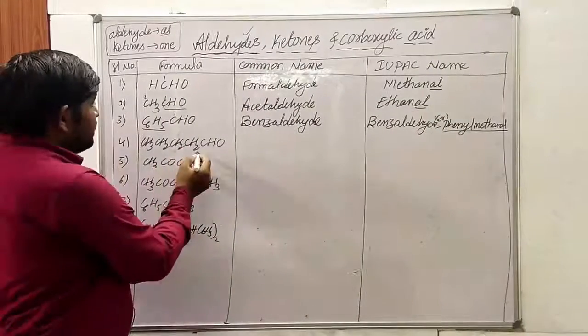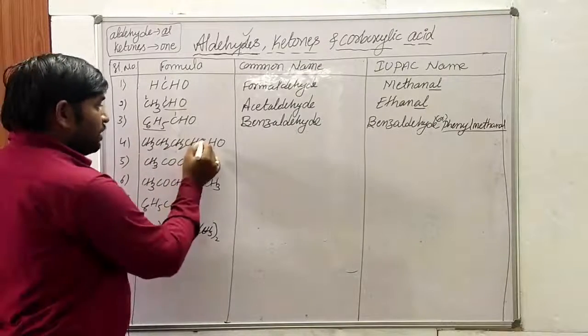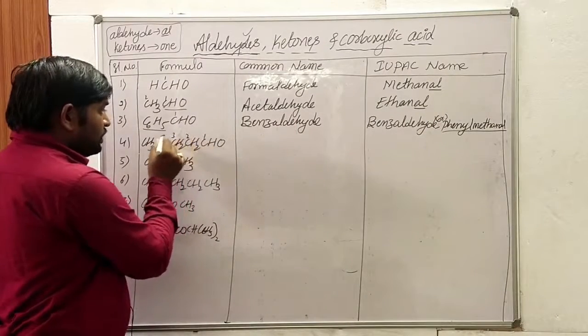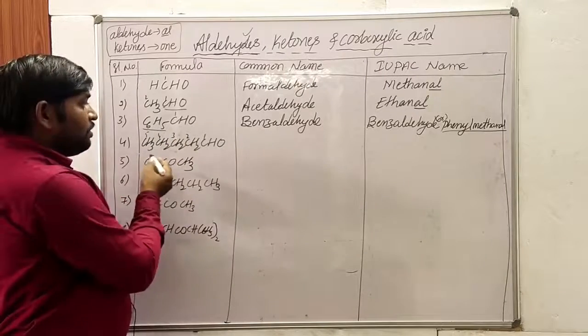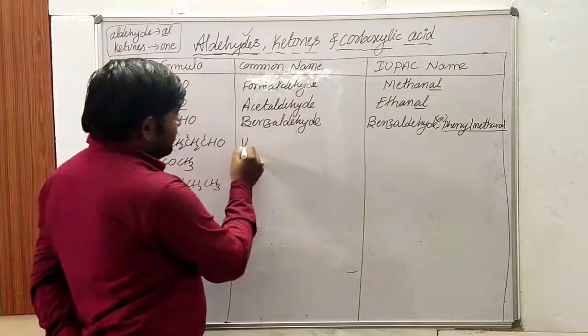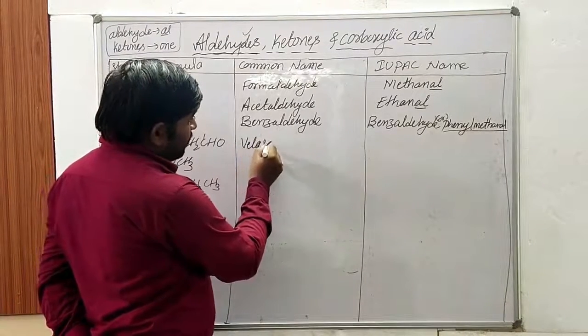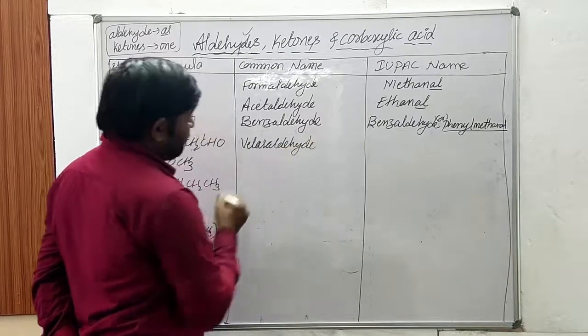The next formula is CHO, CH2, CH2, CH2, CH3. How many carbon atoms are there? 1, 2, 3, 4, 5 carbon atoms are there. What is the name of this compound? Valeraldehyde is the common name of this molecule.